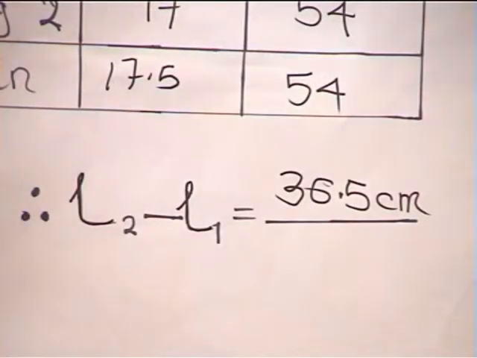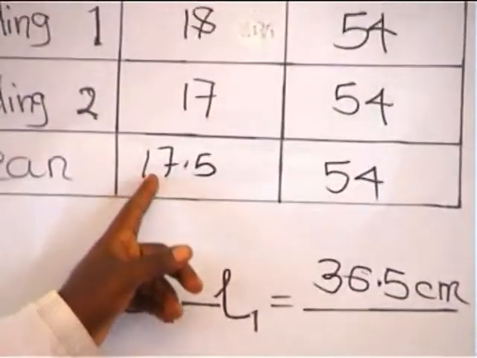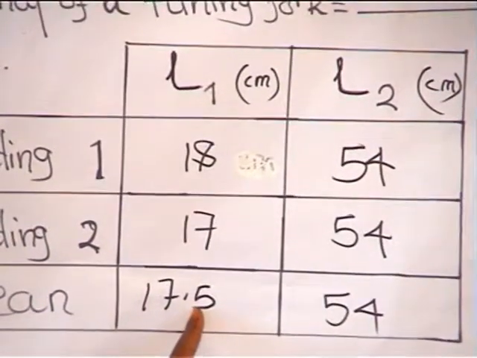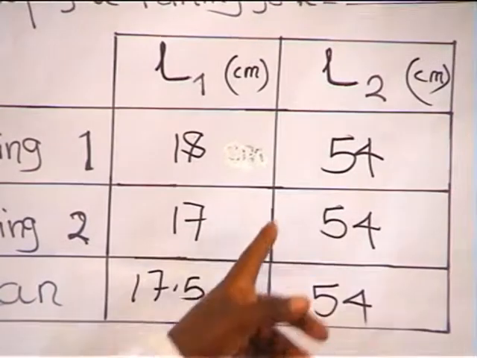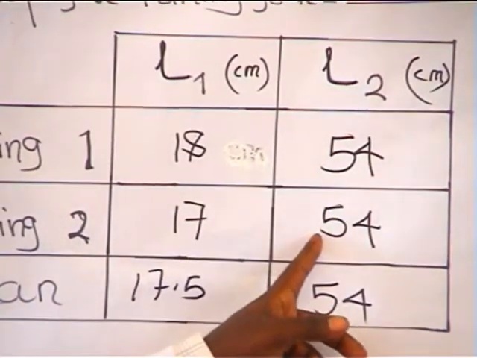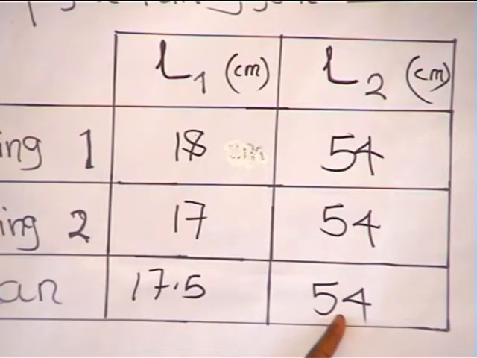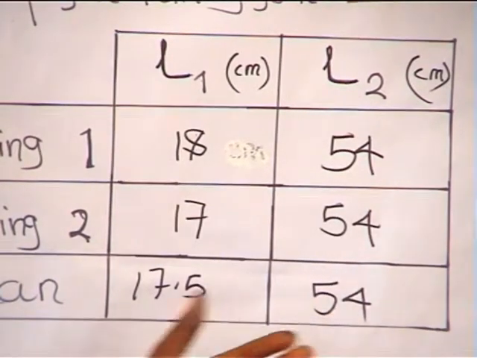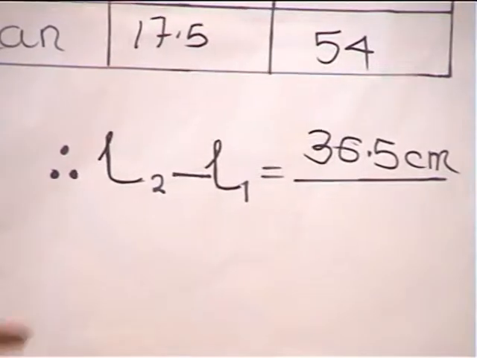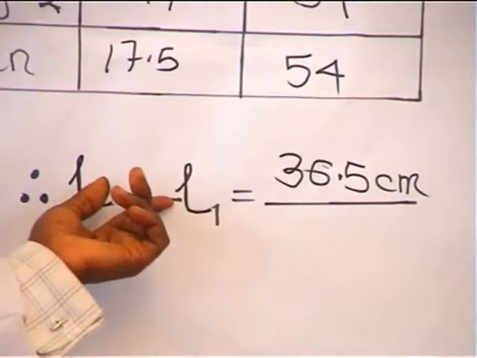Find the average for the first length, that is L1, and this will be 17.5 centimeters. The average for the second length, that is L2, will be 54 centimeters. Then find the difference, L2 minus L1.